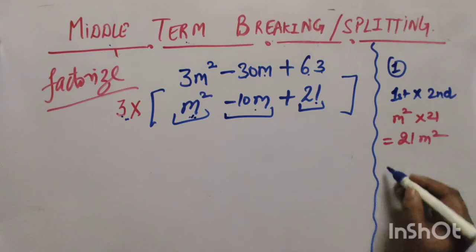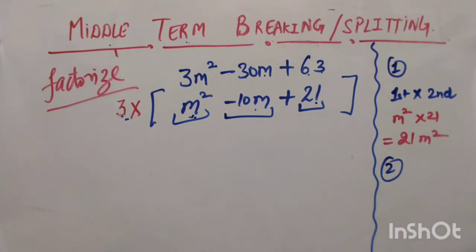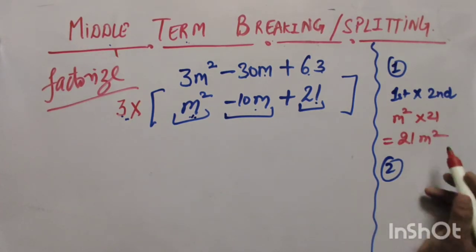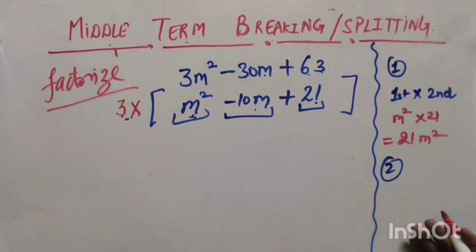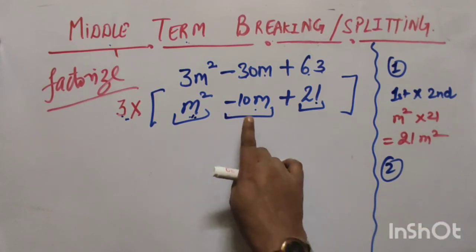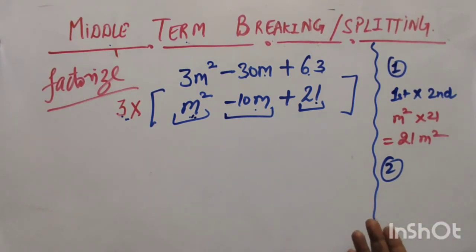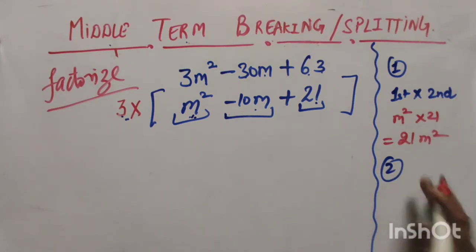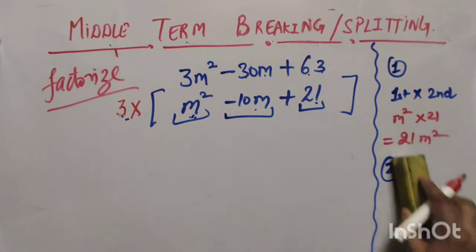Now we will move towards the second step. In the second step, we will factorize 21m square in such a manner that by addition or by subtraction I will get 10m. Let me show you how we are going to do this.